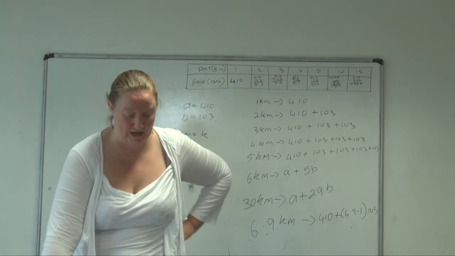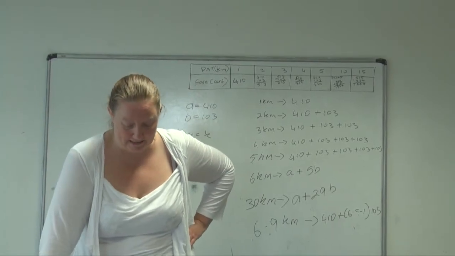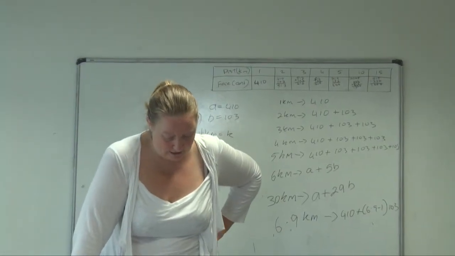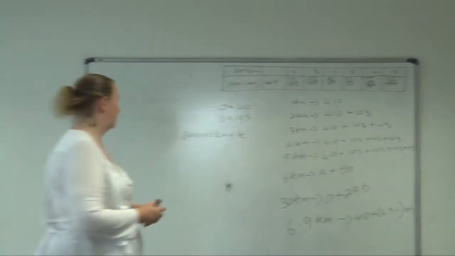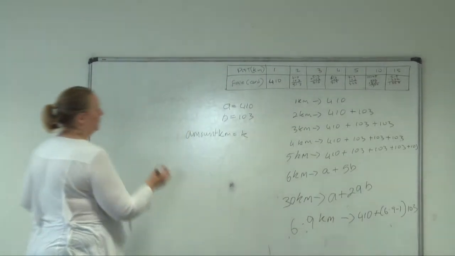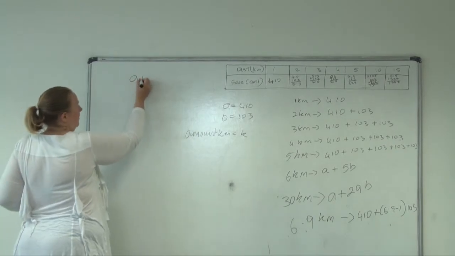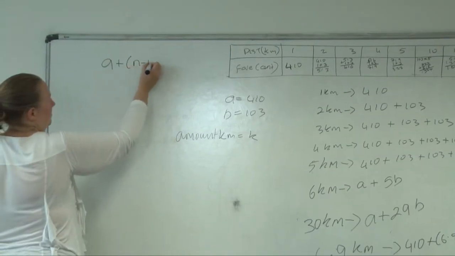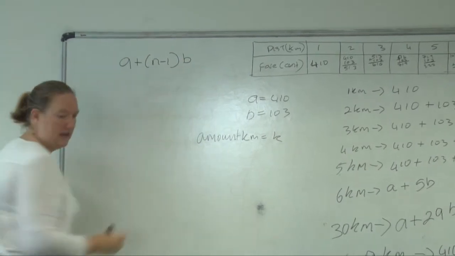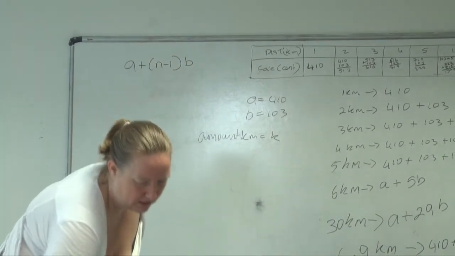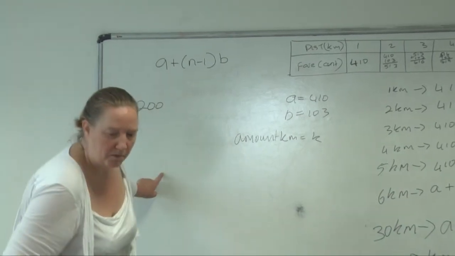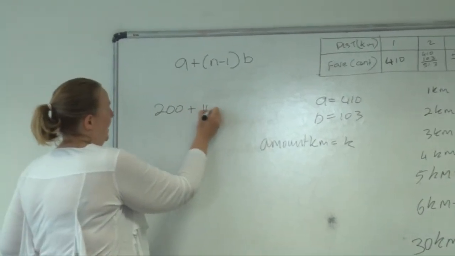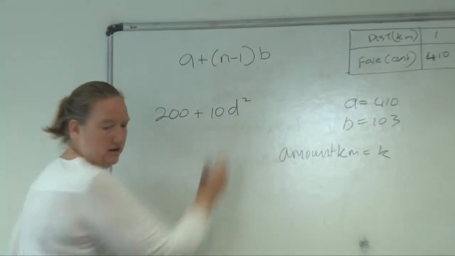Suppose that there's a suggestion to change the way taxi fares are calculated. The suggestion is that the fare should be calculated using this formula, which is slightly different. So your formula is A plus n minus 1 b, and they want to use 200, so 2 euros plus 10d squared.